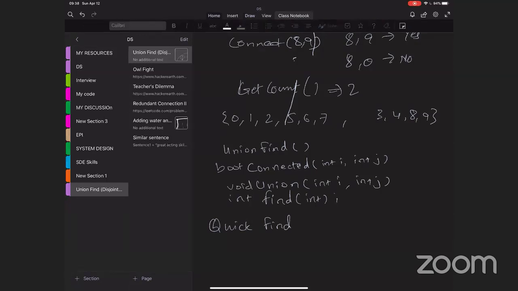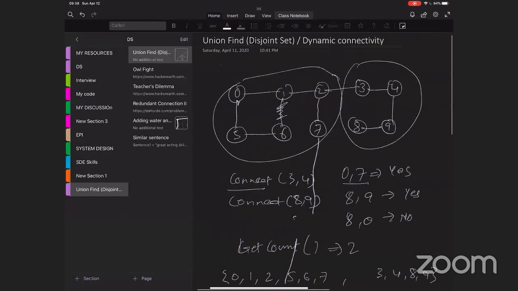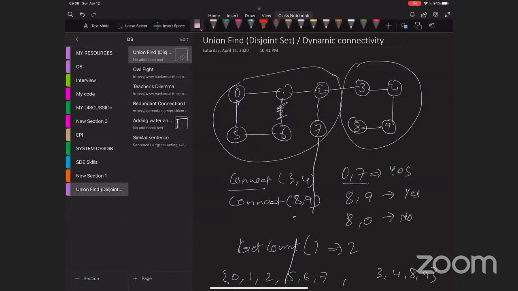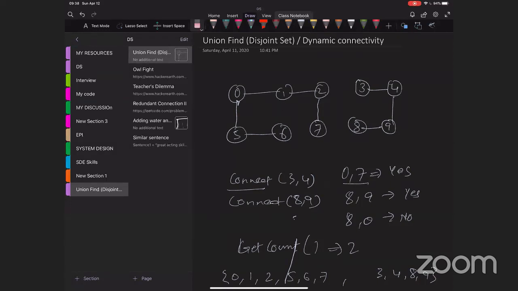What does the input int stand for in find? When I ask whether 6 and 3 are connected or not, to answer that I'm going to see what the ID is.